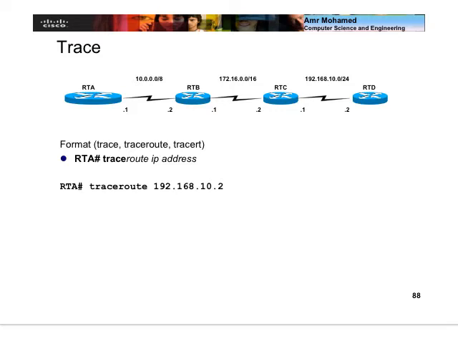So going back to traceroute, the format of this command is very easy. You say traceroute and you give it the destination IP address. But what you want to get here is not only the fact that this destination address exists. I want to know the actual hop-to-hop route to get to this destination.